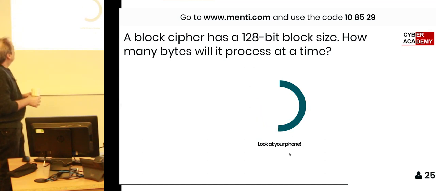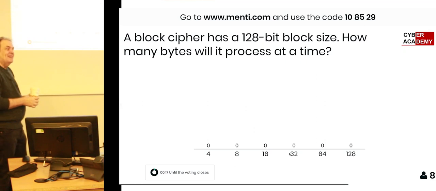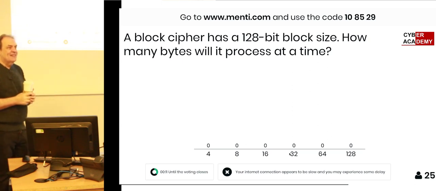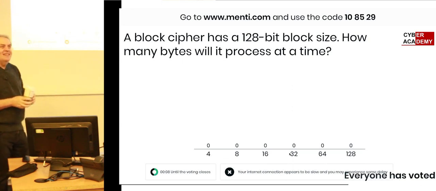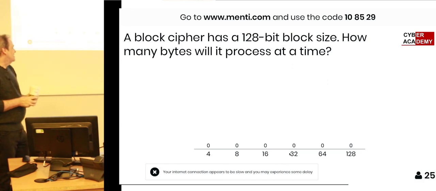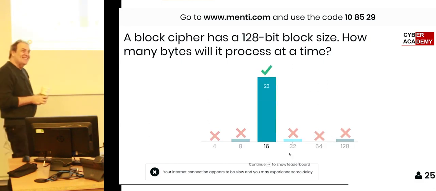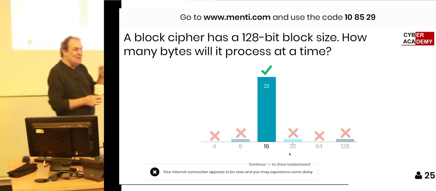Okay, a block cipher has a 128-bit block size. How many bytes will be processed at a time? I did say it. 128 bits. How many bytes are in 128 bits? 16. Well done. You were listening. You didn't answer me, but you were listening.